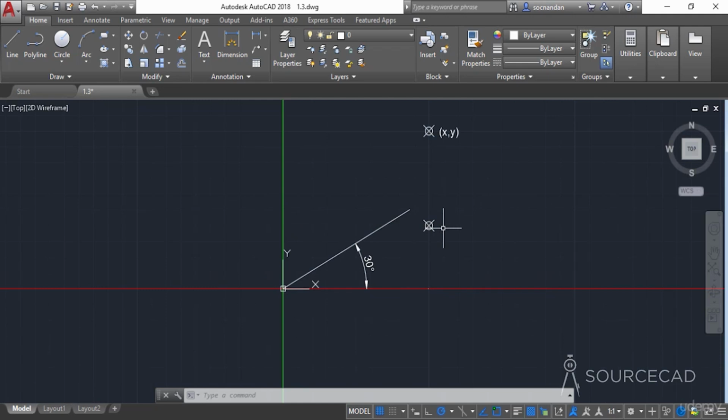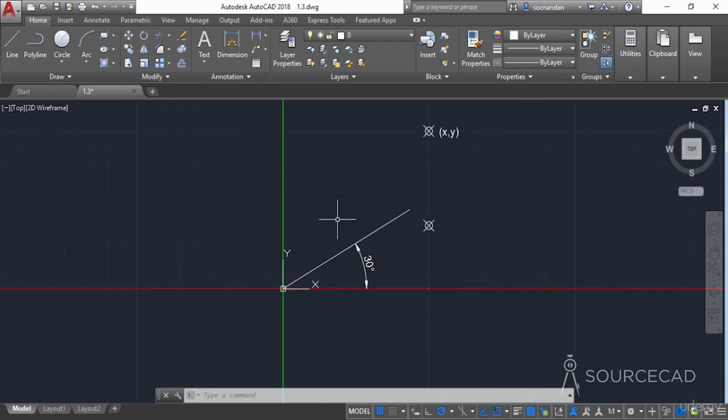Now if you want to use the polar coordinate system, then you can do that as well, and I've made a geometry here. This line starts from the origin and the length of this line is 10 units. This line is also inclined to an angle of 30 degrees. So if you don't want to specify the end point of this line in terms of Cartesian coordinate system and you want to specify it in other units, which is the polar coordinate system, then you need to represent the values as the length of line and the angle included here.